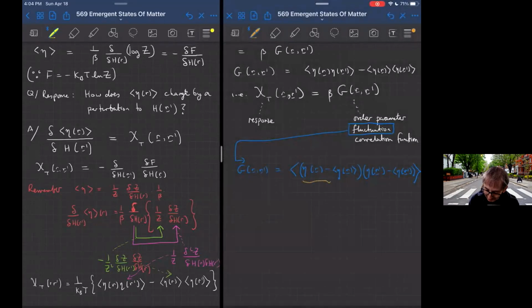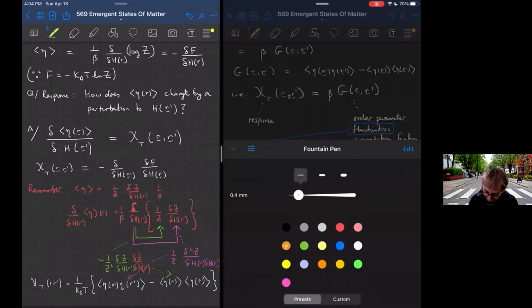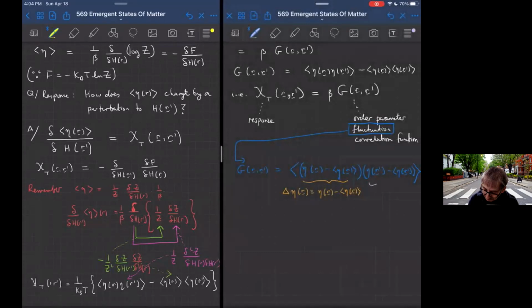So this thing here is delta eta of r, which is eta of r minus its mean value. And then this thing over here is delta eta of r prime, which is the same thing, eta of r prime minus the expectation value of eta at r prime.